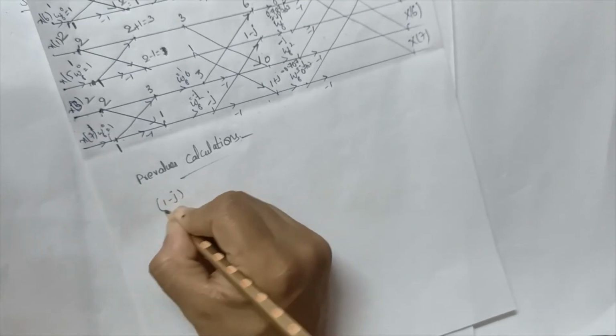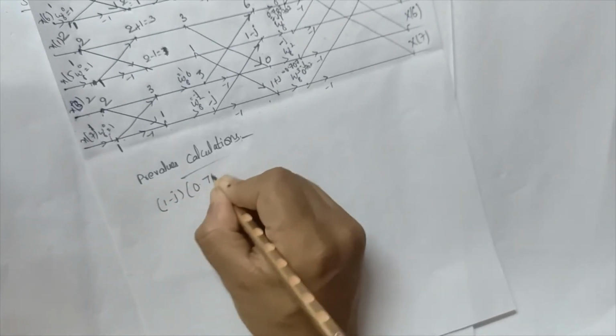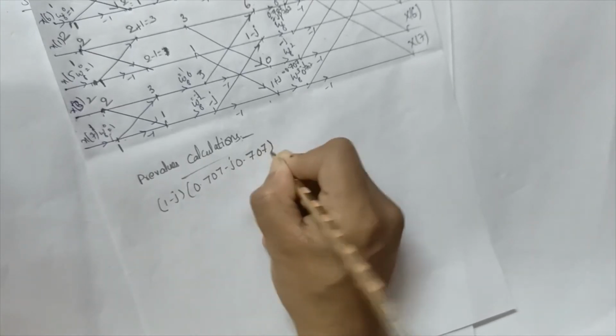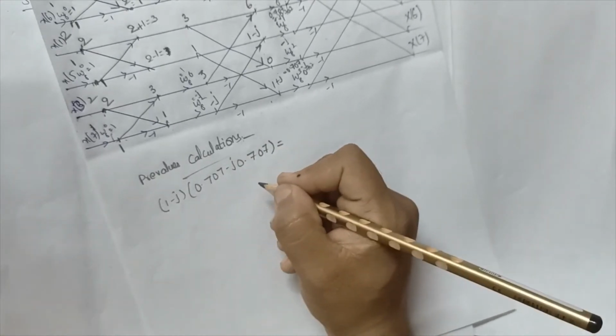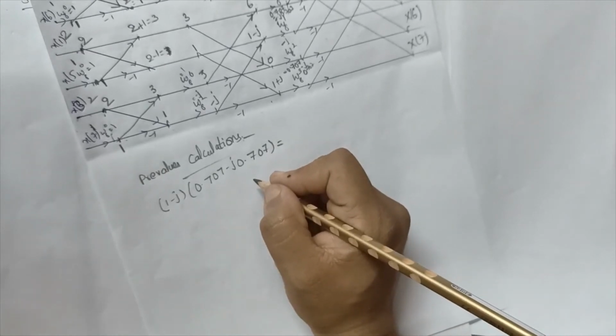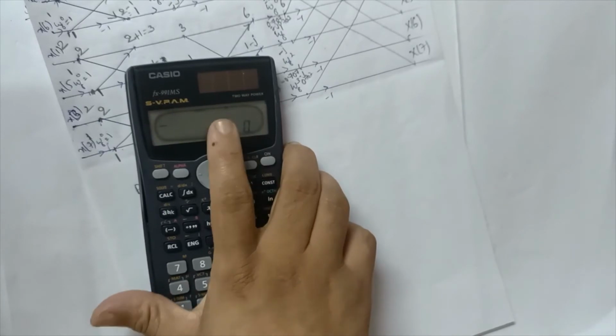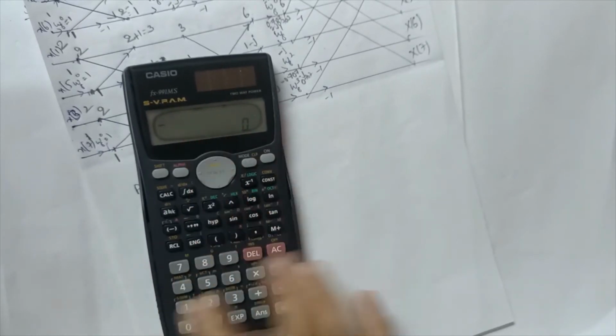So 1 minus j into 0.707 minus j 0.707. So the value for this will be, we have to do in calculator. So make sure your calculator should be in complex mode. Okay, and now multiply these two values.